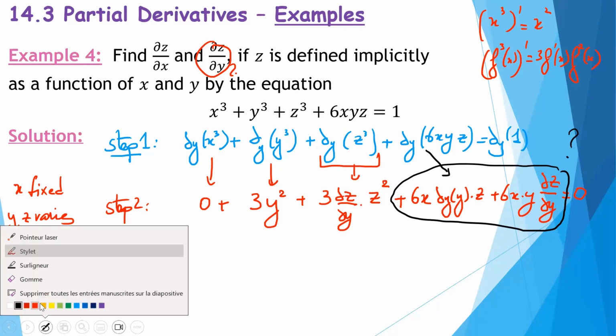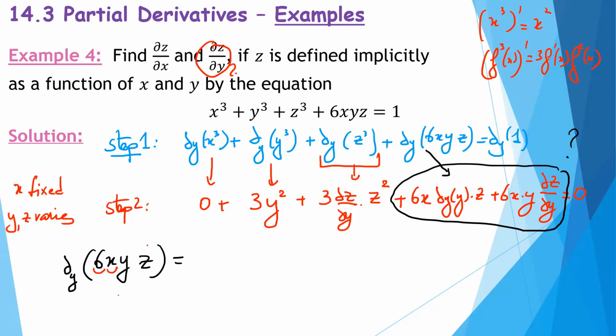In this product, this is a constant and this is a constant, so they can go outside. Agreed? This is not constant, and this is not constant, because y and z both vary with respect to y. Z is a function of y. This is all what I know. Okay? Then it's not a constant, it doesn't go outside.